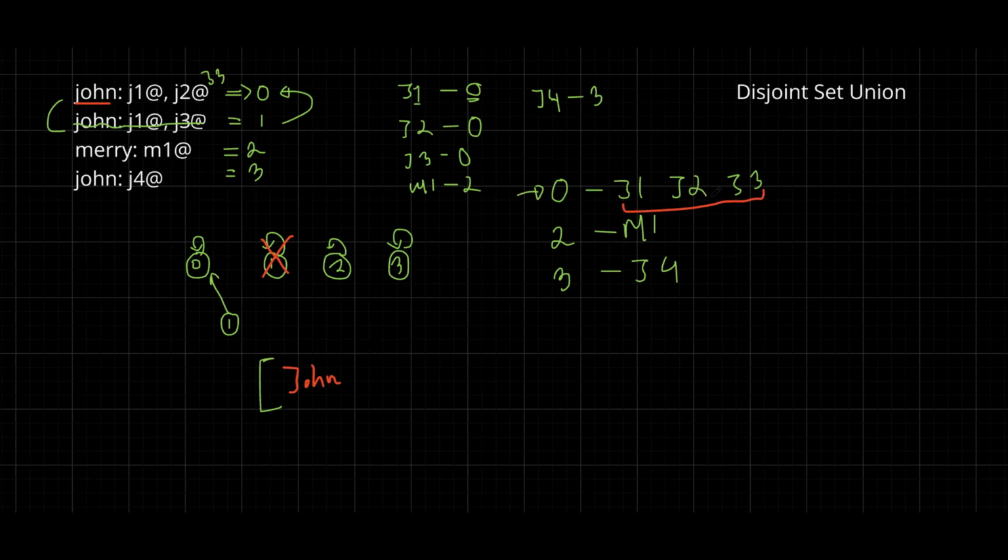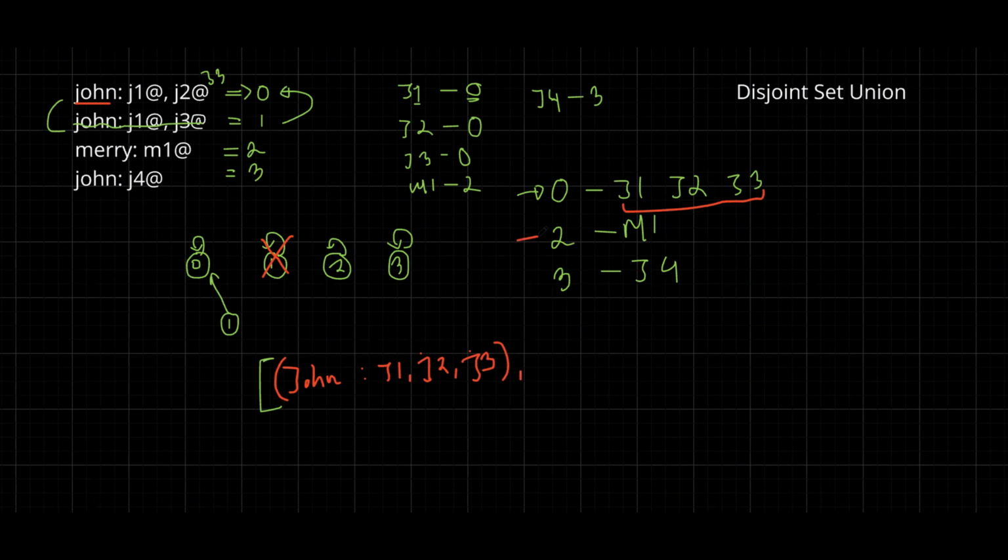It is J1, J2, and J3. So, we have to sort them. But fortunately, all of them are sorted here. So, it will become John, J1, J2, and J3. This is the first entry of our result output.